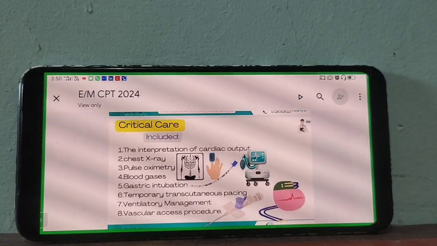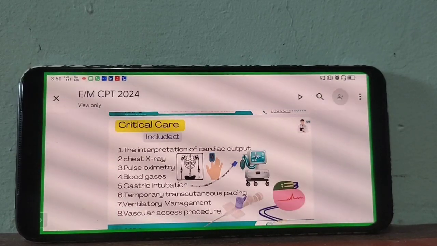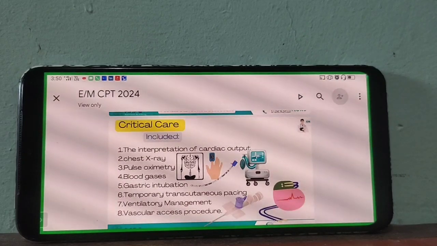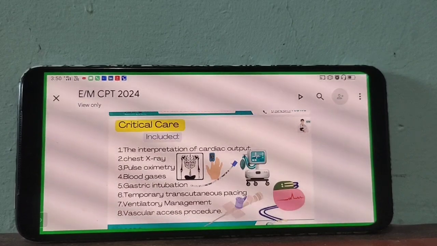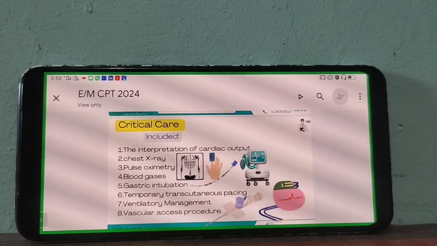So blood gases: they measure what gases are present in our blood, and their ranges are displayed using this device. That simply shows the measurement, that means the volume of oxygen and carbon dioxide in our blood.